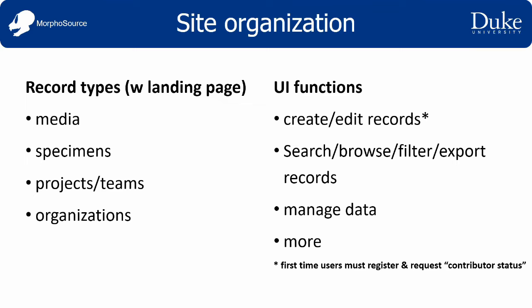We have project and team records, which are essentially collections of data under a common management. And then we have organizations, which could be anything, but are typically either museum collection records or device facility records.